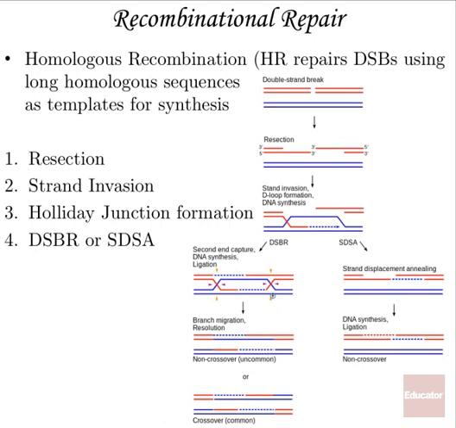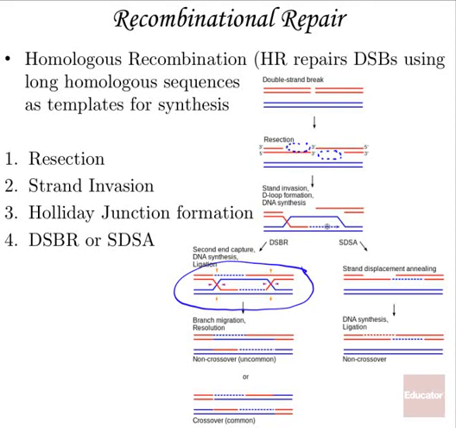So what is very indicative of HR is these strand invasion events and the Holliday junction formation. So the main steps of recombinational repair via homologous recombination is resection. Okay, so same thing, right? We have resection occurring here. So we're cutting away the DNA. Okay, this is now missing.